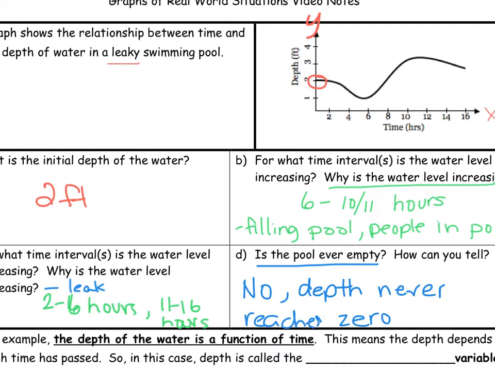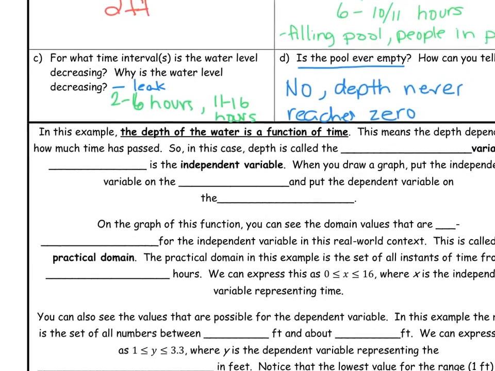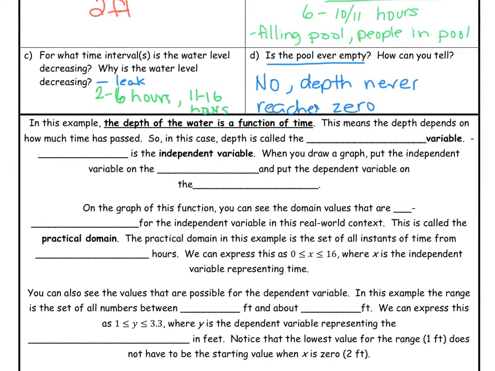What we want to focus on in these notes is the dependent and independent variables. So in this example, the depth of the water is a function of time. And what that means is that the depth of the water depends on how much time has passed.